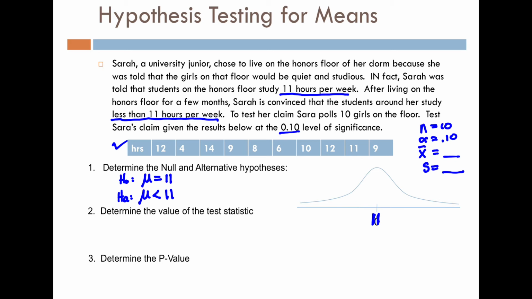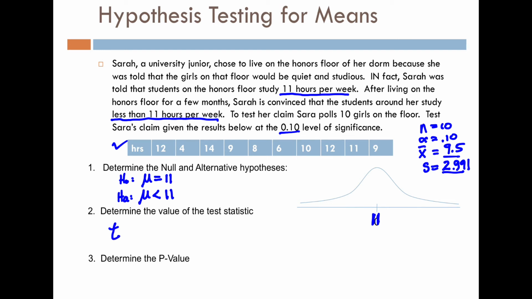So for our sample mean, we should get 9.5. And then the standard deviation of the sample is 2.991. And this now will allow us to find the value of my test statistic, which is a t-test statistic.